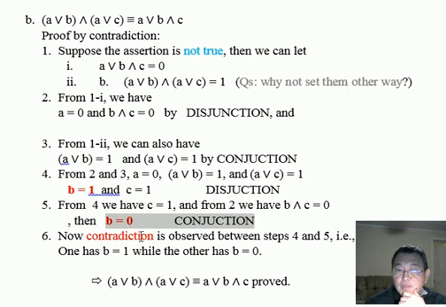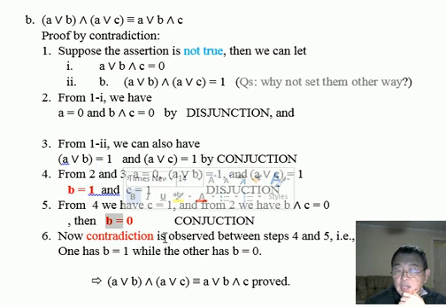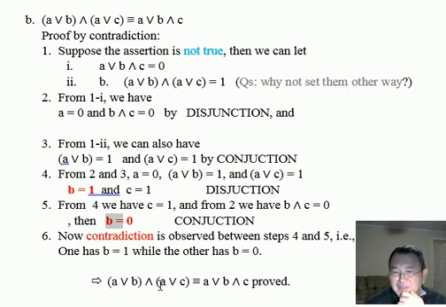And now we observe the contradiction. Over here we have B equals 1. Over step 5 we have B equals 0. The contradiction is observed. That means one has to equal 1 while the other has to equal 0. Therefore, if it's not true, there is a contradiction. Therefore, it is proved. So that's the strategy, or that's the proof.